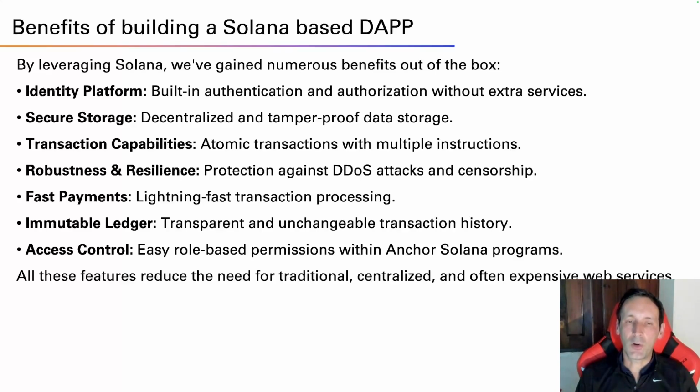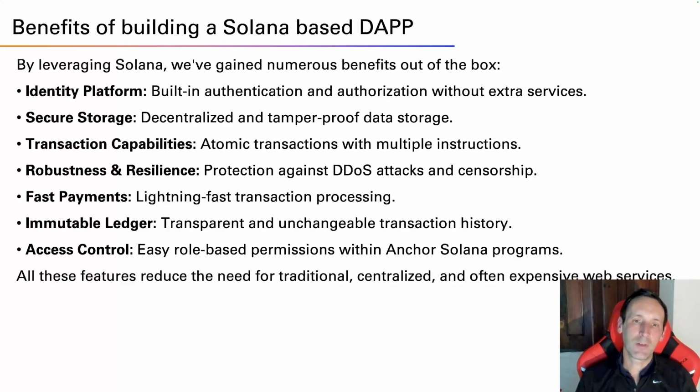So secure storage, of course, and transaction capabilities. If you've worked with databases, you know what atomic transactions actually means, and that capability is also present with Solana. It's very robust and resilient, obviously, against DDoS attacks because it's all fully decentralized.